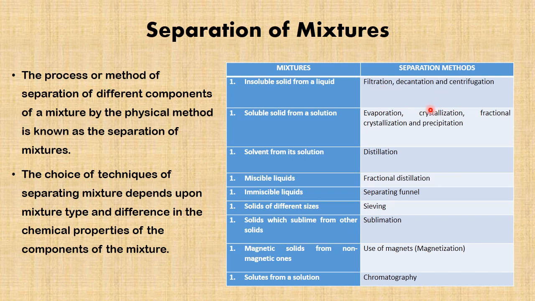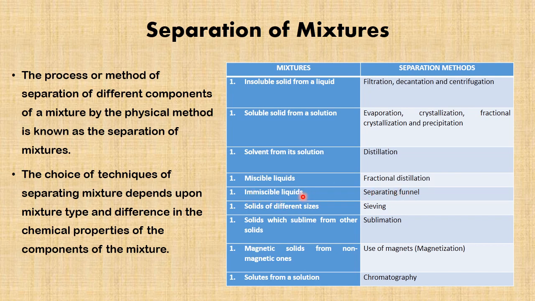Now, to separate a soluble solid from a solution, we can use the methods evaporation, crystallization, fractional crystallization, and precipitation. To separate solvents from a solution, we use distillation. To separate miscible liquids, we use fractional distillation.